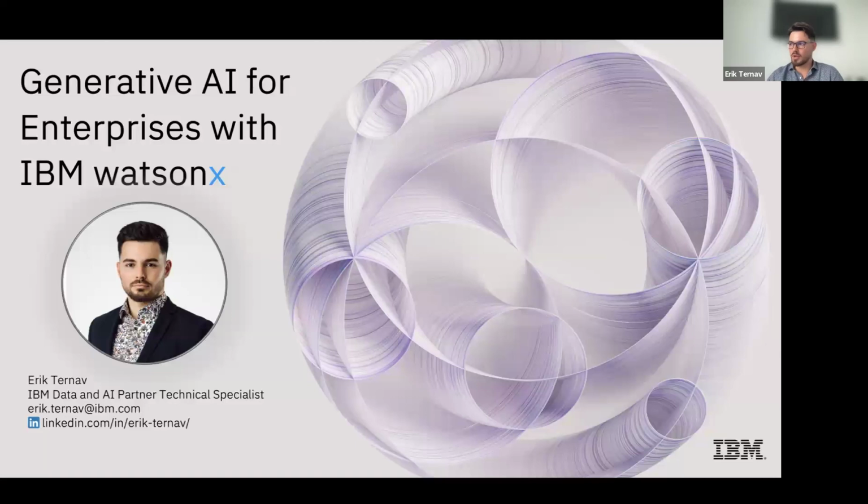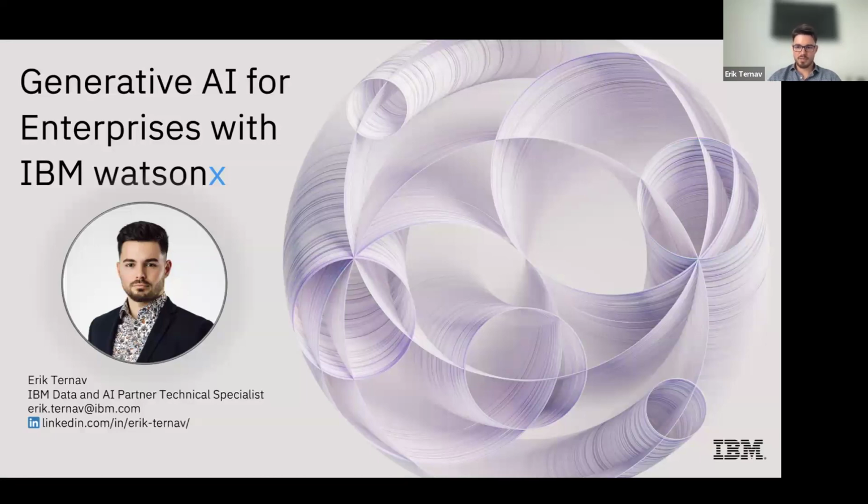So I know quite a bit. I worked as an AI engineer in the past, and I work as a data and AI partner technical specialist. Essentially what I do is I enable our partners, so they can sell our products, basically. I cover the data and AI portfolio, which encompasses a lot of different products, some of which I'm going to show to you today, which are the most relevant to generative AI. But I also cover databases, data governance products, and so on and so forth.